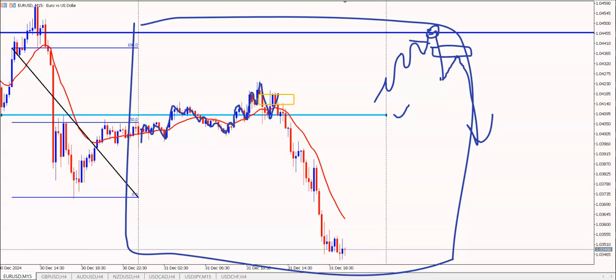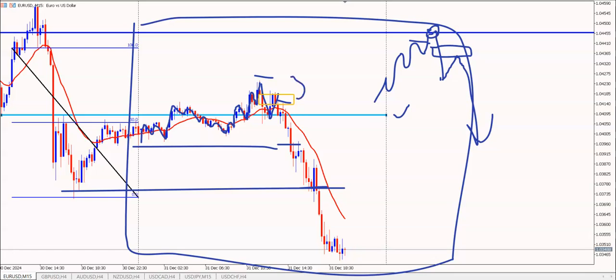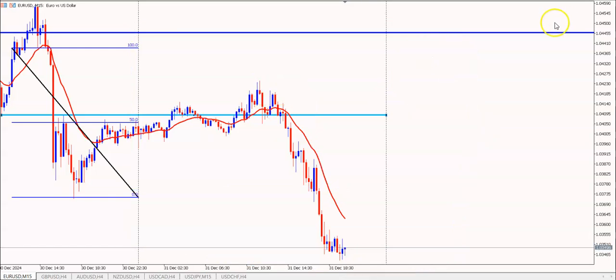We have fair value gap zone, entry here, stop loss above the structure, and you're looking to target at least lows of the day, or even more, depends on your style. Maybe yesterday's lows down there, so you're looking for at least 1-to-1 or 1-to-2 and more in terms of risk and reward ratio. So that's how you can trade as a swing trader or as a day trader.